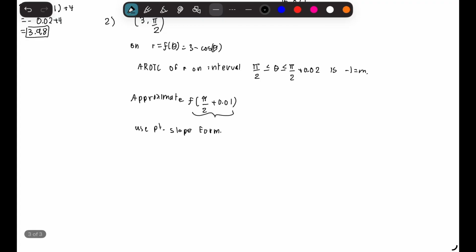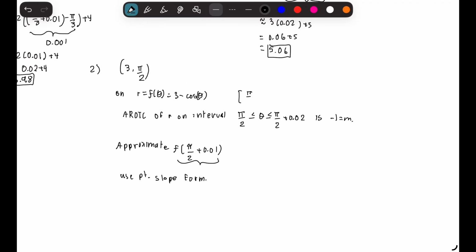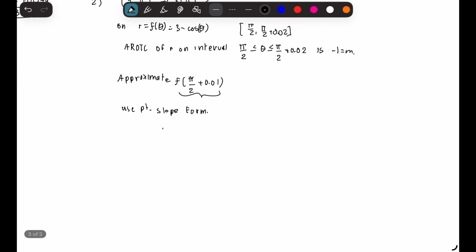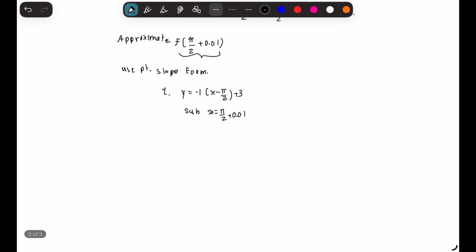Now we're going to do the same thing. This is pi over 2, that's how we got our 3. So pi over 2 plus 0.02. We want to find this. So we start with our point slope linear approximation. Now we can sub x is equal to pi over 2 plus 0.01.